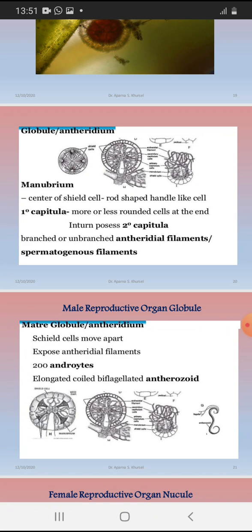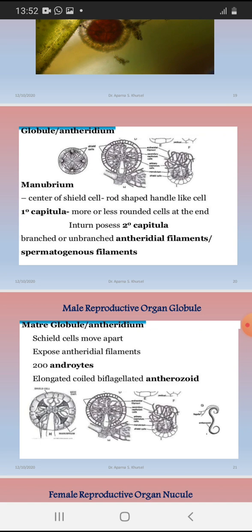Each shield cell produces a rod-like structure towards the center, and this rod-like structure is called manubrium. This manubrium cell gives rise to one or more rounded cell called primary capitulum or capitula. Further, these primary capitulum produce 5 to 6 cells which are called secondary capitulum.